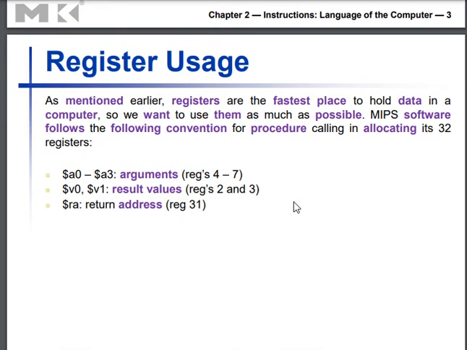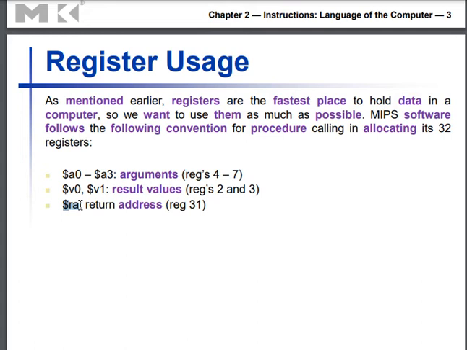So this is the one I was telling. When the procedure is going to take parameters, all those parameters have to be kept in the registers A0, A1, A2, A3. And if a procedure is going to return values, those return values need to be placed in register V0 and V1. And this is the register RA, which is going to have the return address.